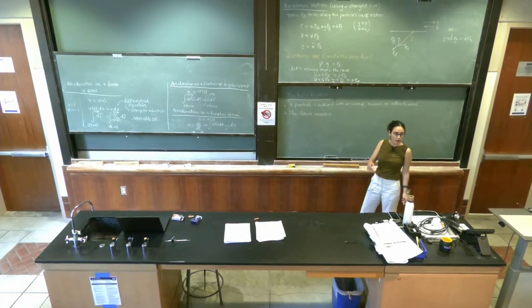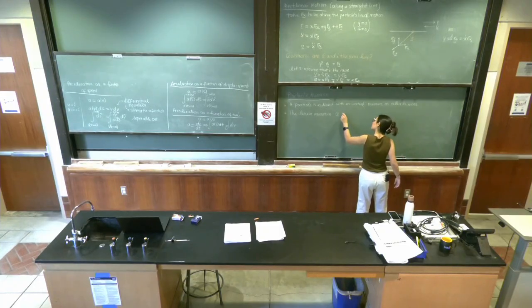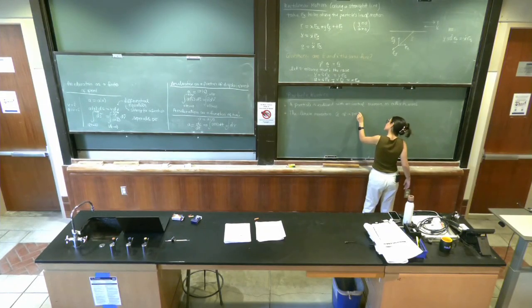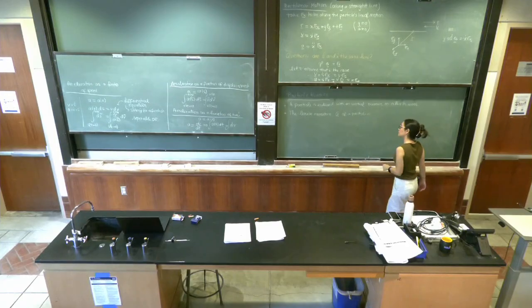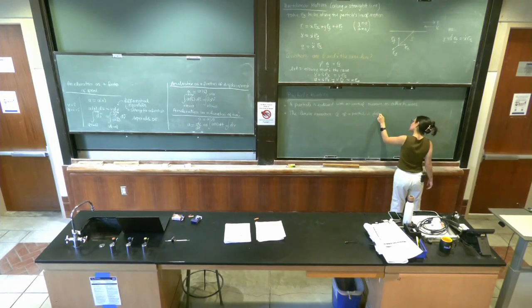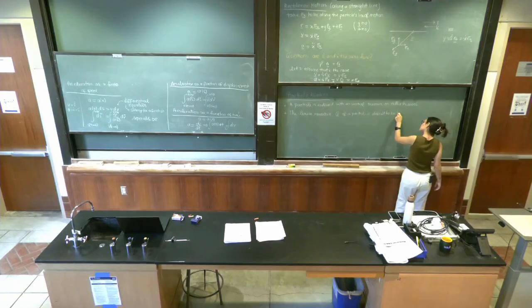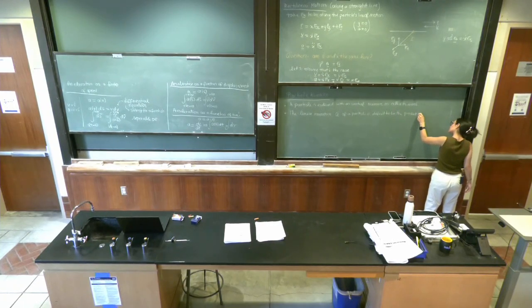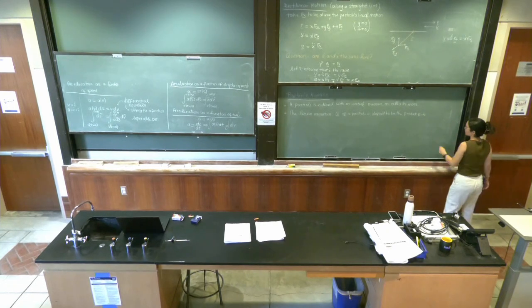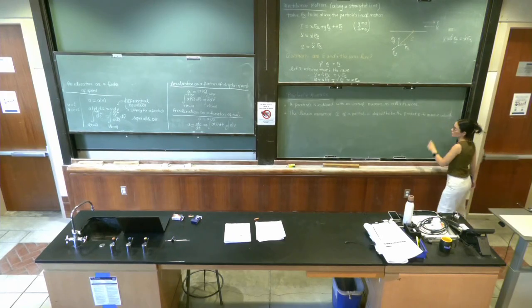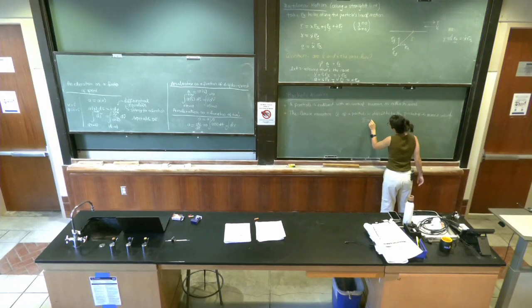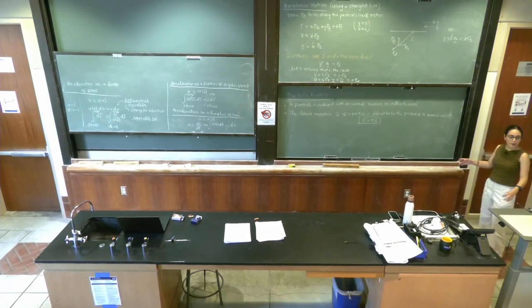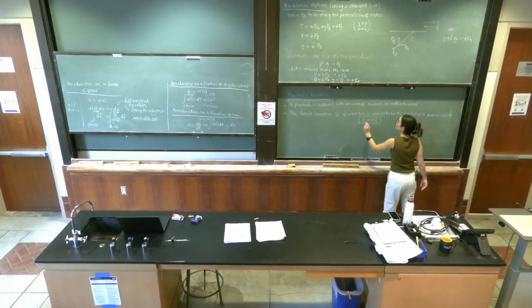We're going to give it a symbol G. So G is equal to mv, by definition the linear momentum of a particle.